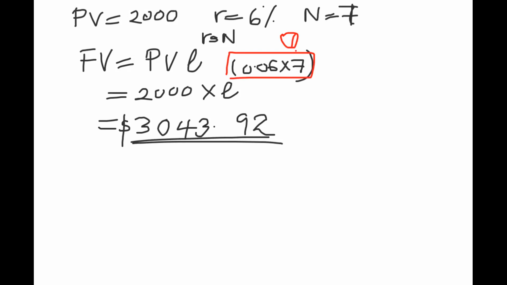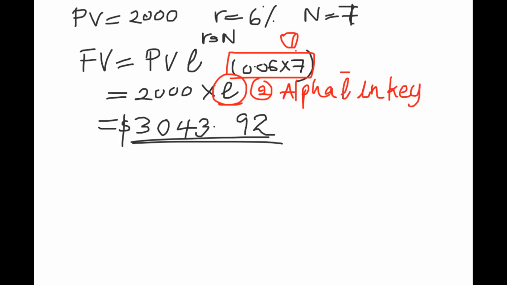Then you take this, that is shift, and the ln key. With shift and ln you can get this e. Then you multiply it by this, and finally you will get this answer.